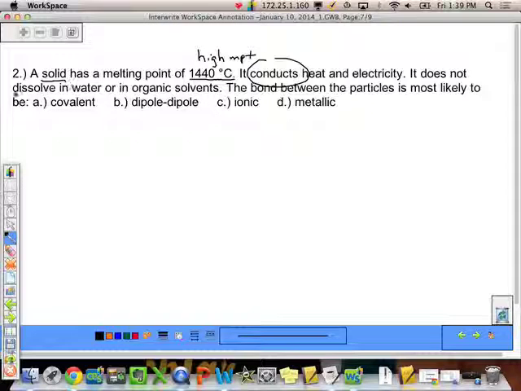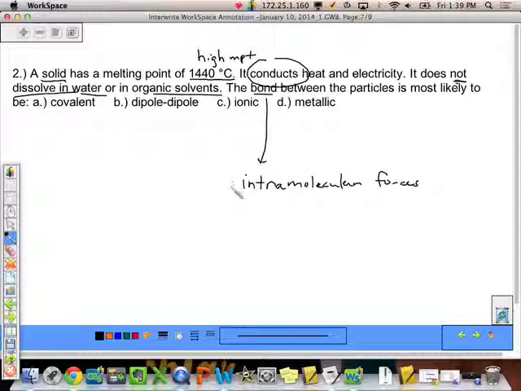And it does not dissolve in either water or organic solvents. We are looking for the bond between. So these are my intramolecular forces. Not my intermolecular, but my intramolecular forces, which means actual bonds.